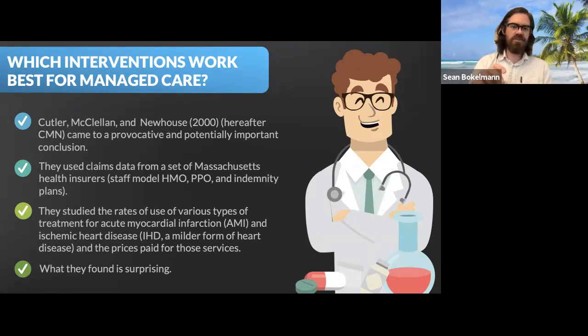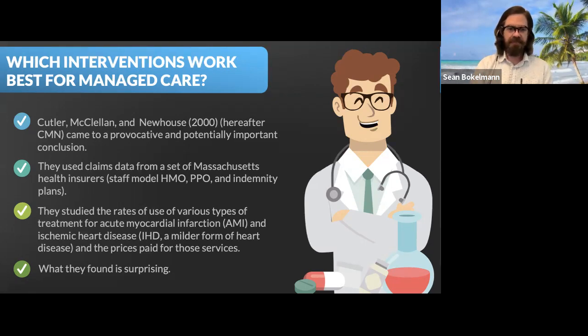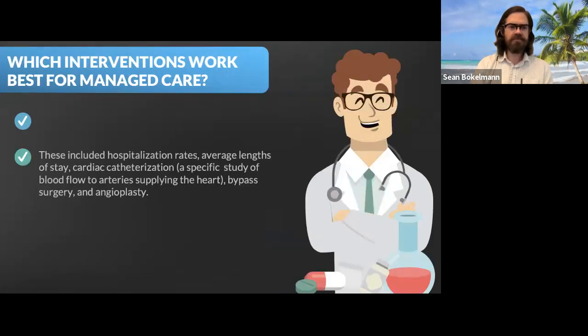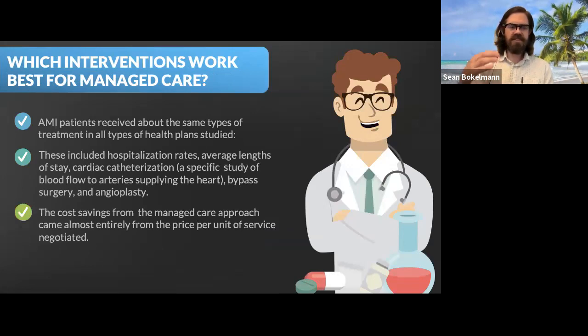And what they looked at were the rates of use of various types of treatment for acute myocardial infarction and ischemic heart disease, so heart issues. And they also looked at the prices paid for these services. And what they found was surprising to some. What they found was that the AMI patients received about the same types of treatment in all of the different health plans studied.